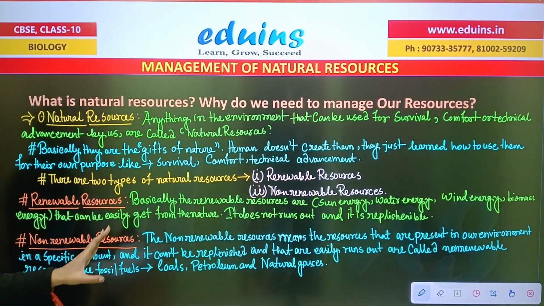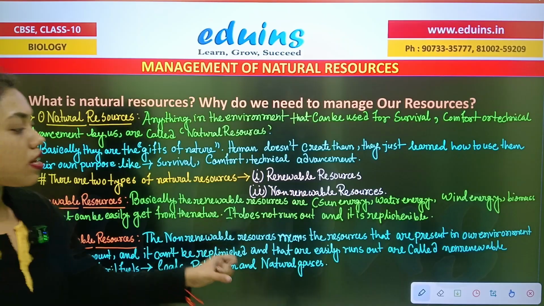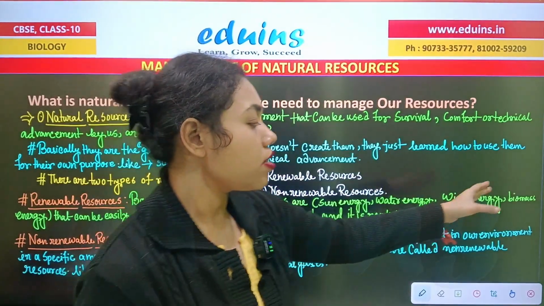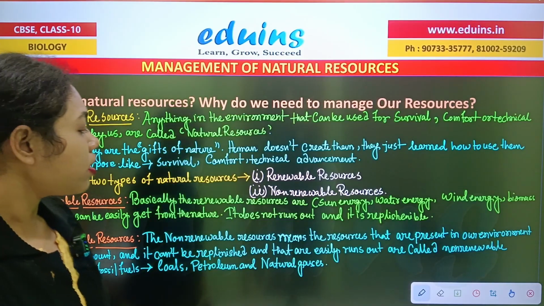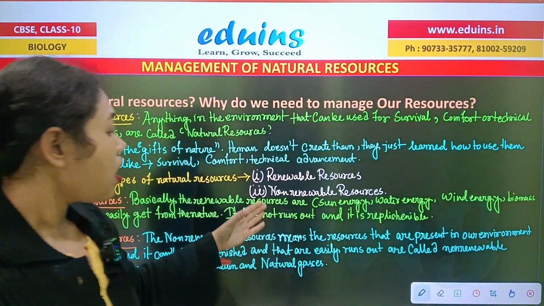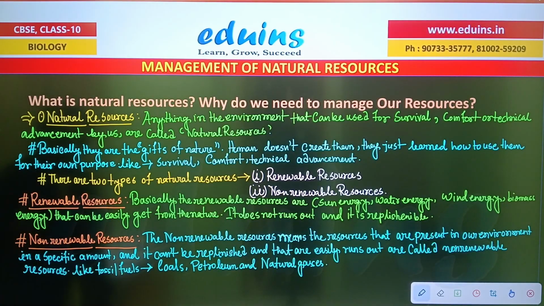Renewable resources are sun energy, water energy, wind energy and biomass energy. You all know they can be easily gotten from nature. They don't run out and they are replenishable.